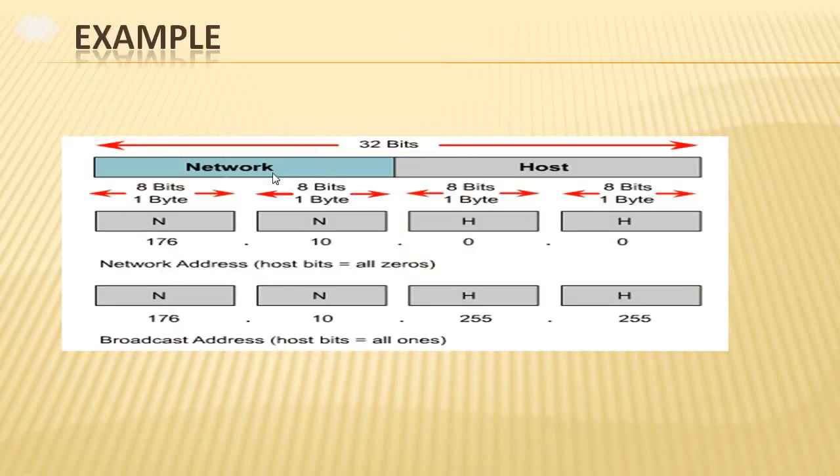Here are some examples of how to identify the network and host addresses. Here is the 32-bit address, and here is the network and host. The address is 8 bits by 8 bits, where 8 bits is 1 byte. So you can easily understand the network address: the host bits are equal to 0.